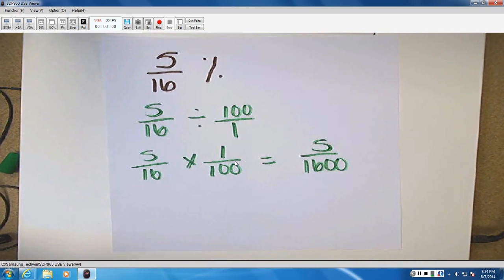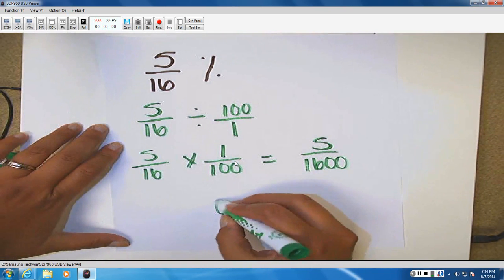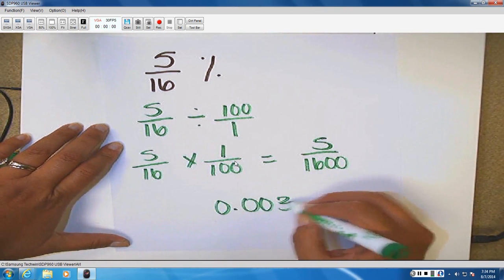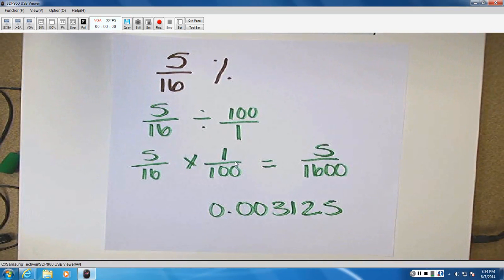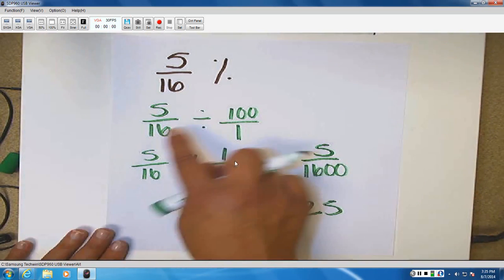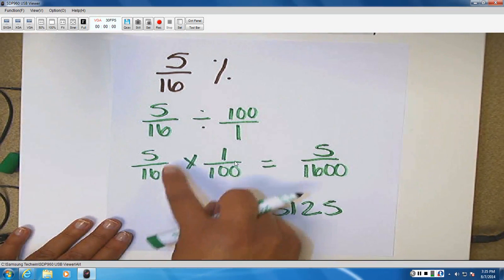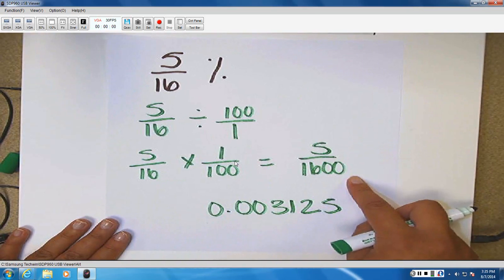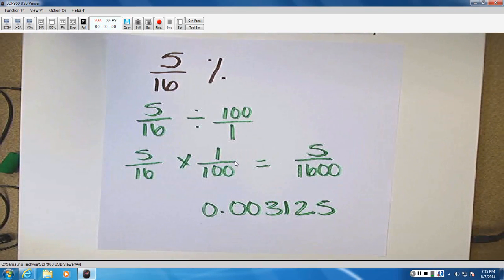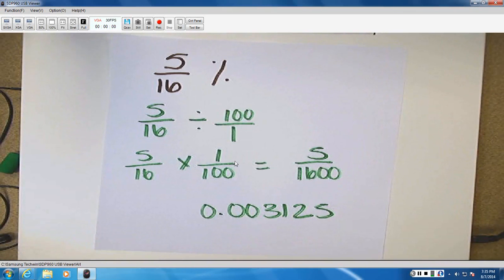I'm then going to take 5 divided by 1600, and that gives me 0.003125 as my final decimal. So 5/16% turned into a decimal is 0.003125. I got that by essentially multiplying 5/16 by 1/100. I got 5/1600ths, and I divided 1600 into 5, and my answer was that decimal.